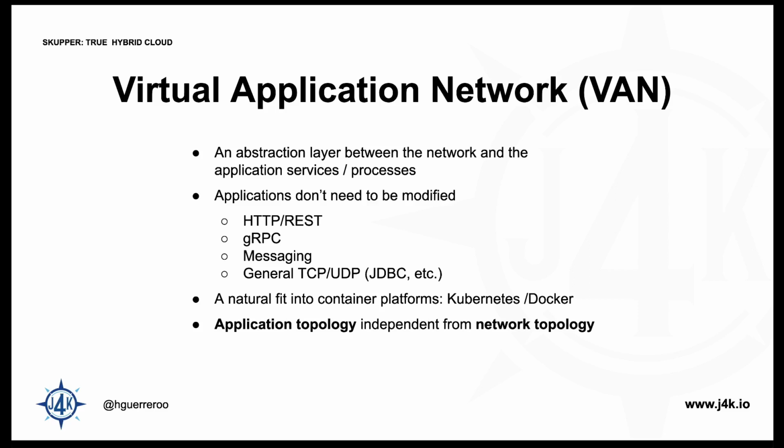We have seen other efforts at the application layer, at layer 7, that require you to add libraries to your application, that you need to be aware of the topology, think about the service that you need to register, and so on. So the idea of the virtual application network on top of Kubernetes is being able to handle the application as it is. If it is using HTTP or REST APIs, it needs to be transparent and seamlessly able to reach that service across the network.